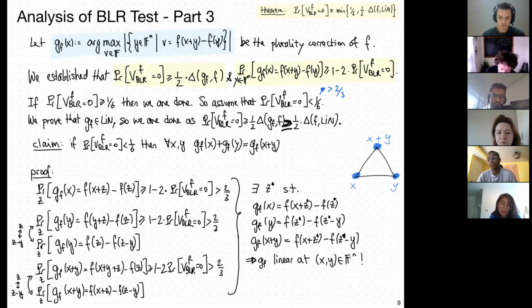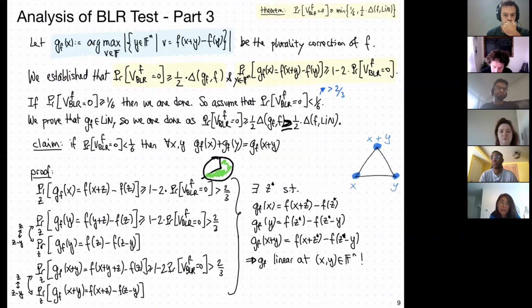And now what is happening is kind of a cute thing. Let me try to draw it, and maybe it would be easier. I want to find a z that works for all of them. So maybe let's look at the first one. I know that 2/3 are good, and 1/3 I don't know.